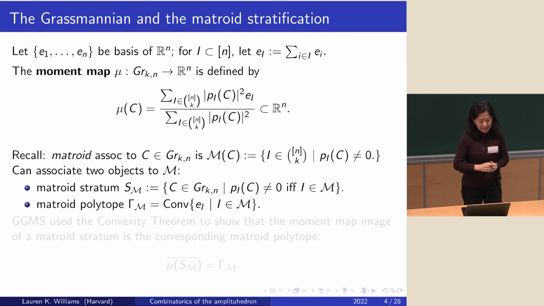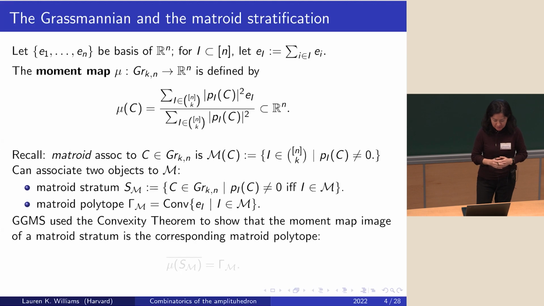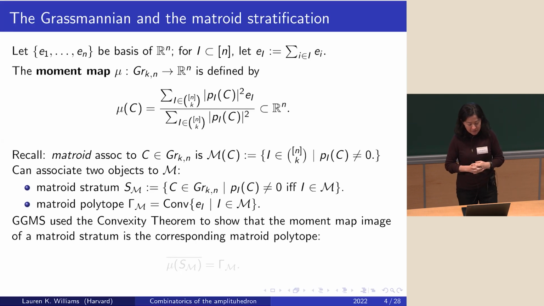And the other is a polytope, the matroid polytope, and this is defined to be the convex hull of the e_I's where I belongs to M. Okay, so two different geometric objects, but they're related. So Gelfand, Goresky, MacPherson, and Serganova showed that the moment map image of a matroid stratum is exactly the corresponding matroid polytope. So these two objects are related via the moment map.